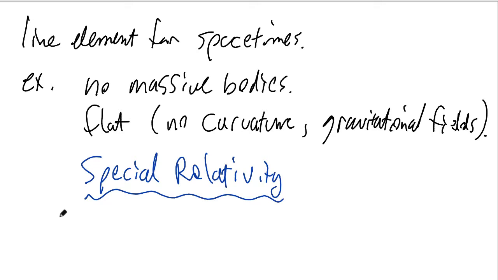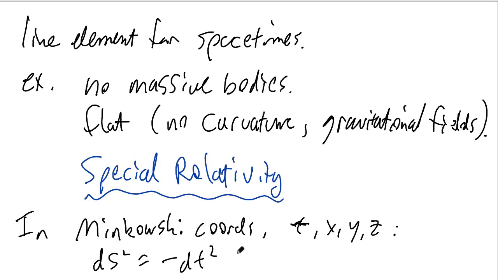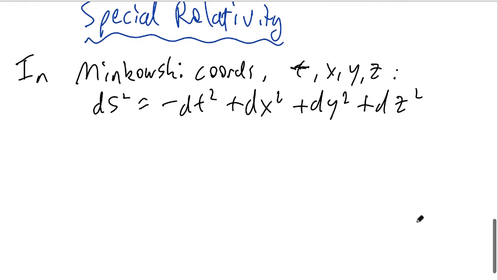All right, we can write the line element for this space-time in what are referred to as Minkowski coordinates, which are usually given the symbols t, x, y, and z. The line element is ds squared equals minus dt squared plus dx squared plus dy squared plus dz squared.